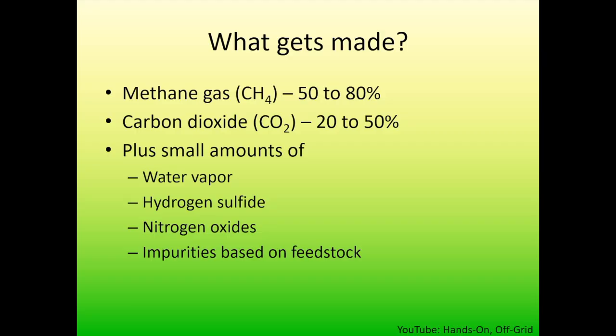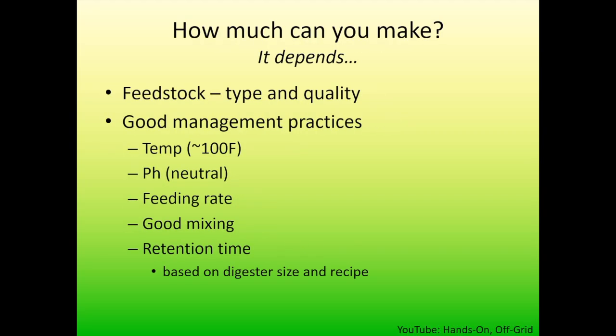Some of these impurities may need to be removed or scrubbed from the gas before it gets burned, depending on the end use. How much biogas gets made depends on how much material your system can handle and how well you manage those processes. Temperature, pH, feeding rate, mixing, retention time all contribute to conversion efficiency.